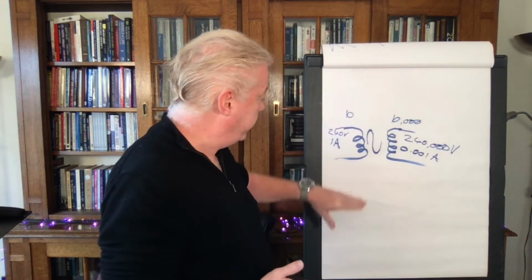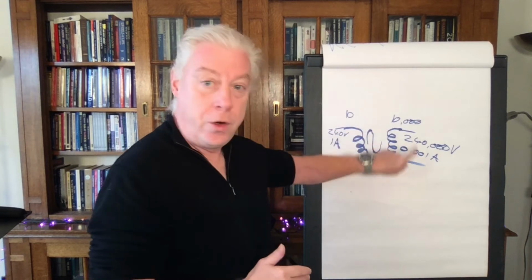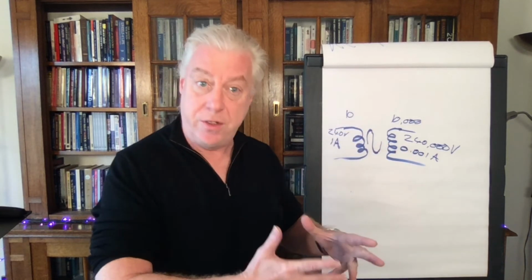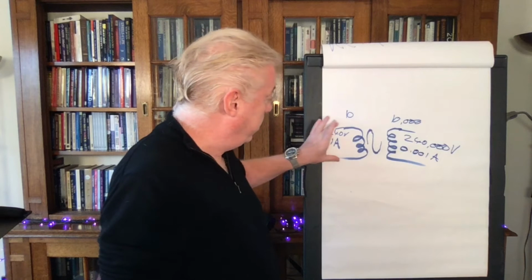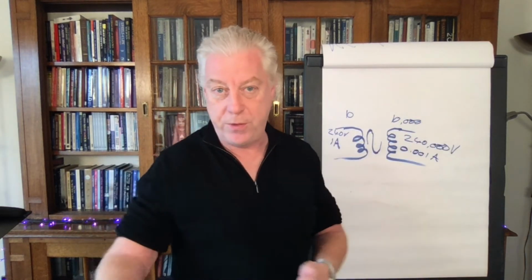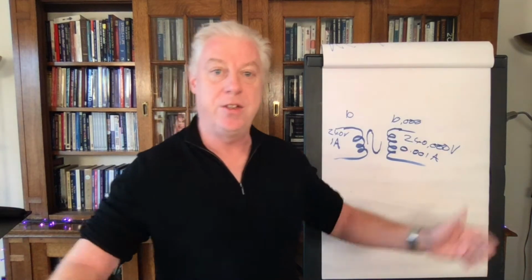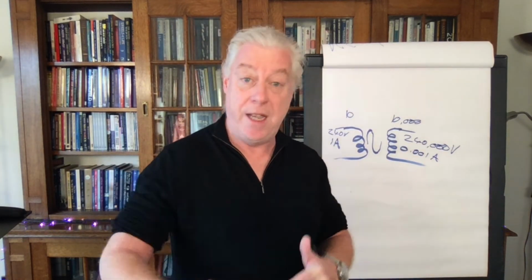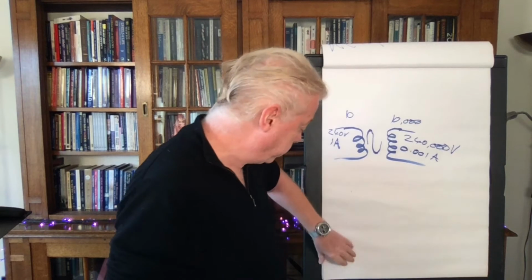But the thing with this is that these are non-resonant. So no matter what frequency we put in here, we get the same frequency out the other side. So with mains, we put 50 hertz in the UK, 60 hertz in the US, and we get an AC current out the other side.